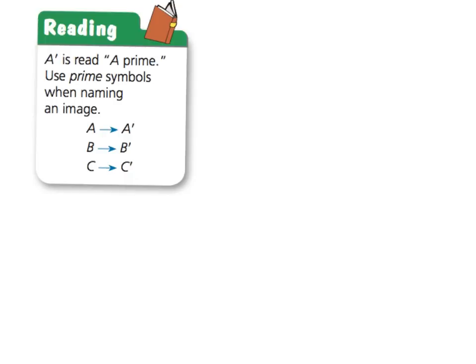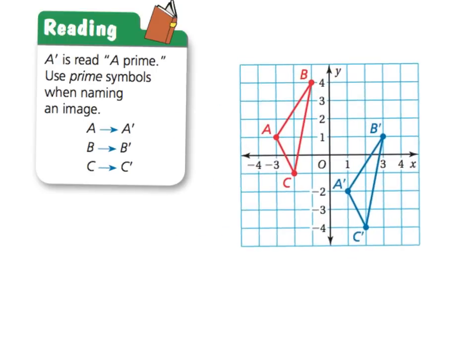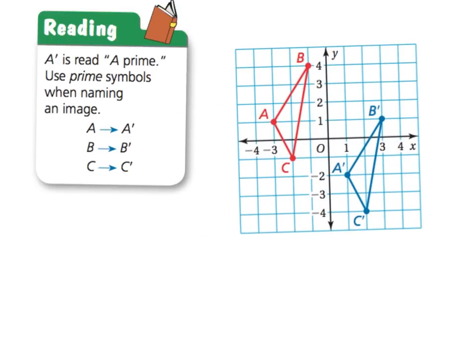Here's the other thing we have to be careful of, and I'm pretty sure this is new to you. When you make a transformation, this is important, the preimage is just your A, B, C, D. And as you can see here, the preimage would be triangle ABC. So we would write this as triangle ABC.